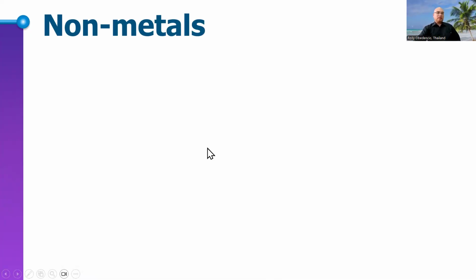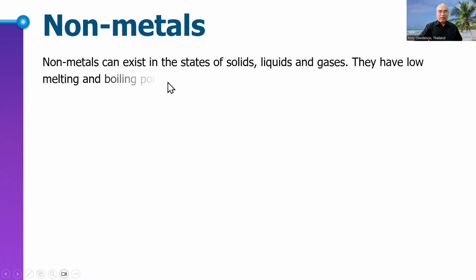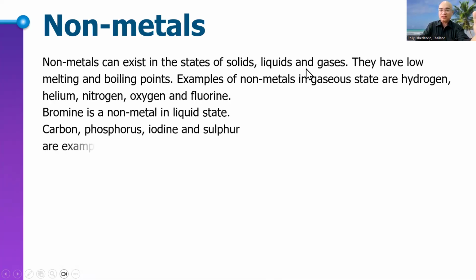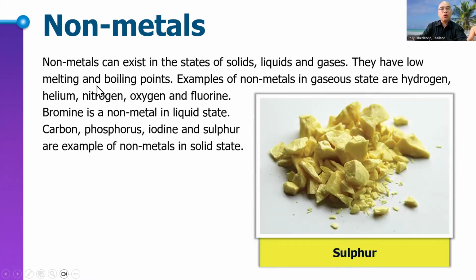And then we have here non-metals. What are non-metals? They can exist in the states of solids, liquids, and gases. They have low melting and boiling points. Examples of nonmetals in gaseous state are hydrogen, helium, nitrogen, oxygen, and fluorine. Bromine is a nonmetal in liquid state.